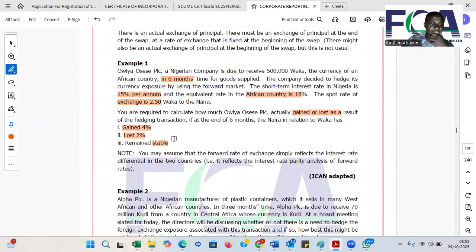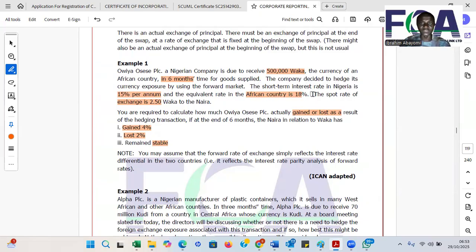Owuya Osese PSC, a Nigerian company, is due to receive 500,000 waka, the currency of an African country, in 6 months' time for goods supplied. The company decided to hedge its exposure by using the forward market.